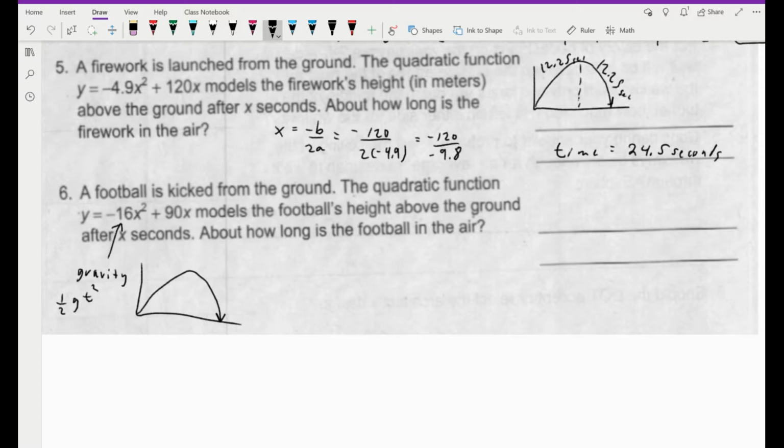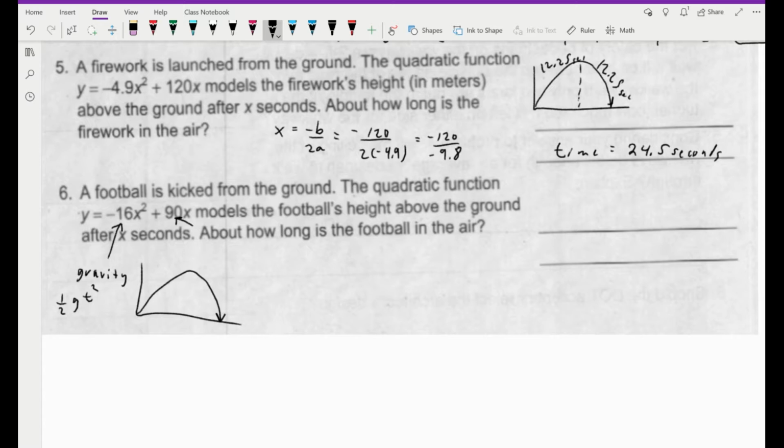In college, you'll use the number 32.174. And half of 32 is 16. And the reason why it's negative is because gravity is acting in the opposite direction, towards the center of the Earth. This 90 here tells me the initial speed of the football. The football was kicked at 90 feet per second.